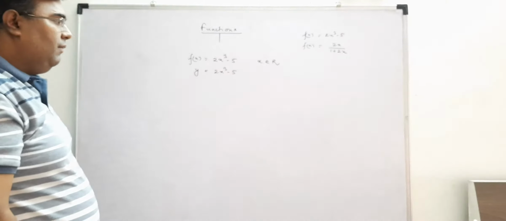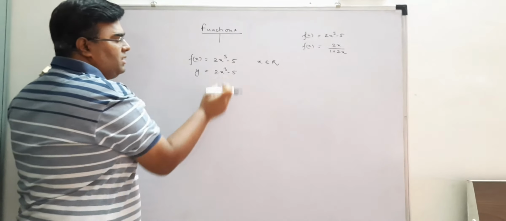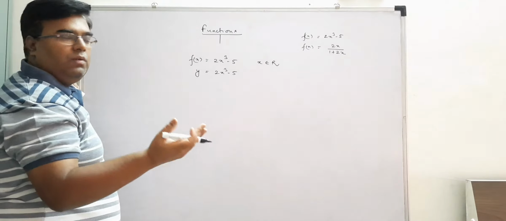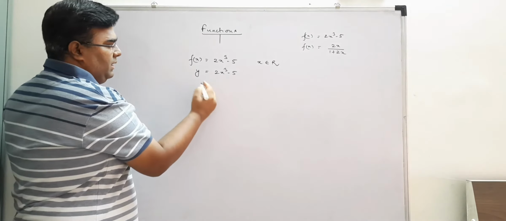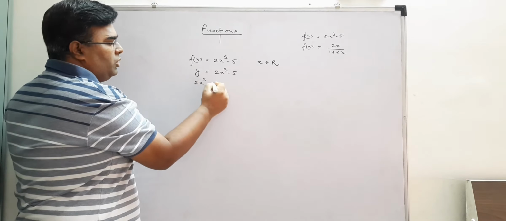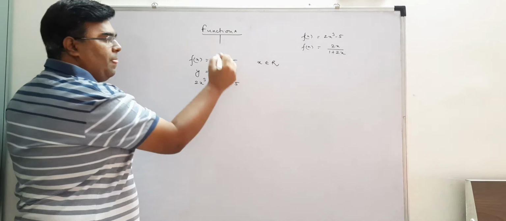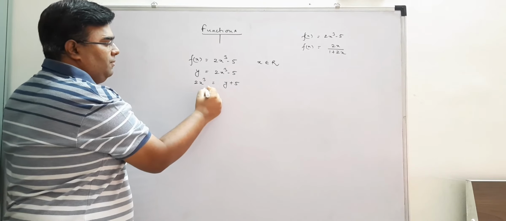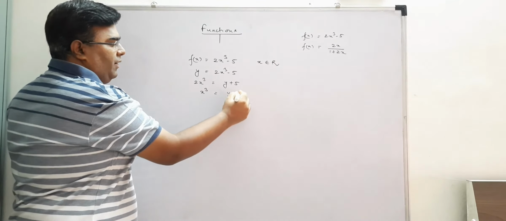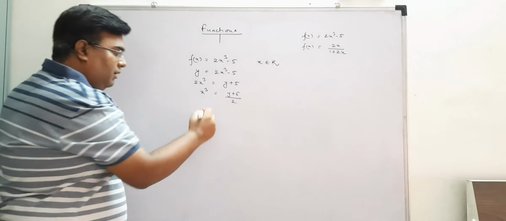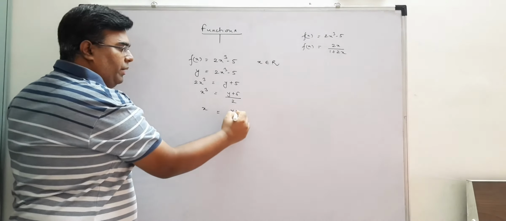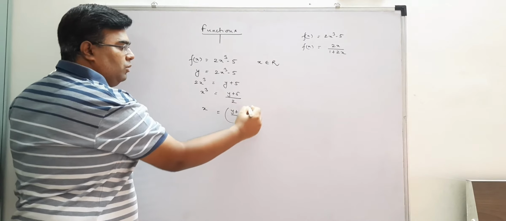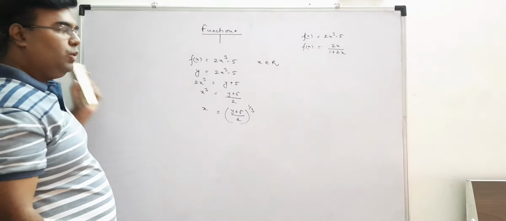What we will do is change the function in terms of y. This function is in terms of x. We will convert it in terms of y. So 2x cubed is equal to y plus 5, 5 is coming here. So x cubed is (y plus 5) by 2 and x is ((y plus 5) by 2) to the power 1 by 3, the cube root, right?